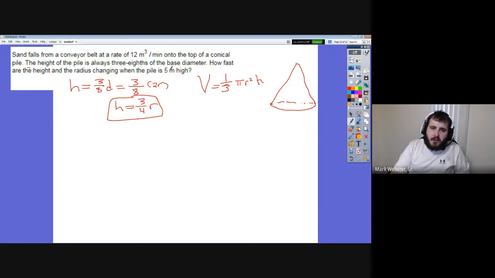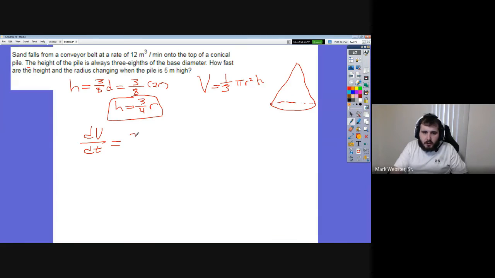So let's look at what they're asking for. How fast are the height and the radius changing when the pile is 5 meters high? Okay, we know we need some rates. Let's make our equation. Take the derivative implicitly. Let's do with respect to r first. Lefty right plus righty left, right?